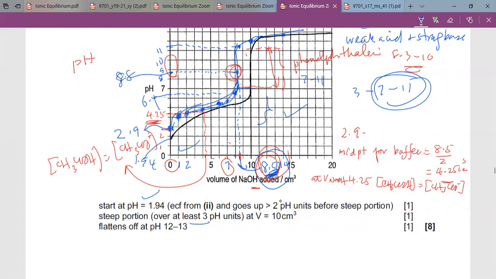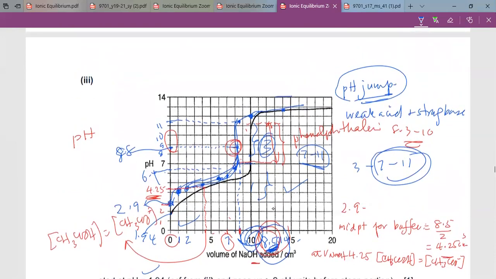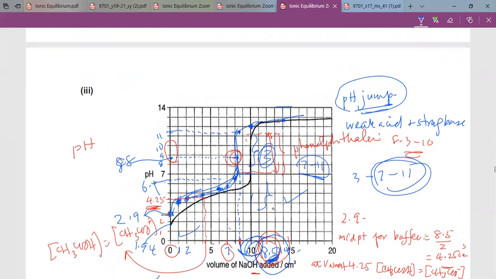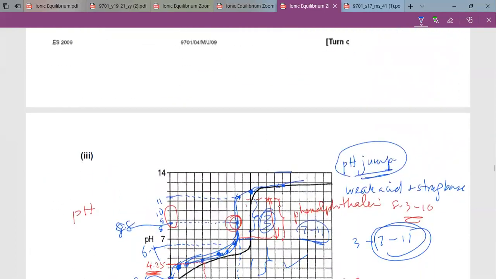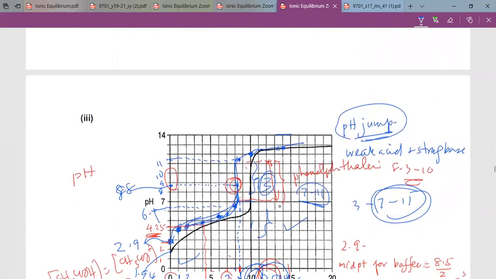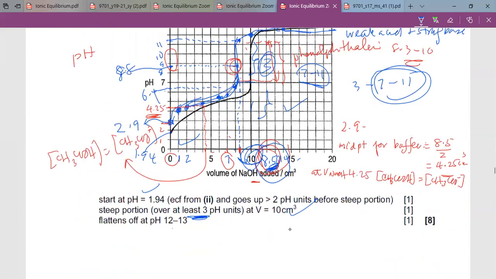Steep portion at least 3 units, 7 to 3, so 3 units, at this one here, 10. So 1 mark. And it flattens off at 12 to 13, they give marks for that. Of course, it's not here, it's supposed to be 12.5, but it doesn't matter as long as it's somewhere here. So 3 marks for this part.